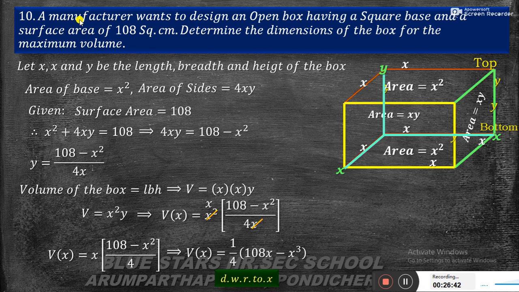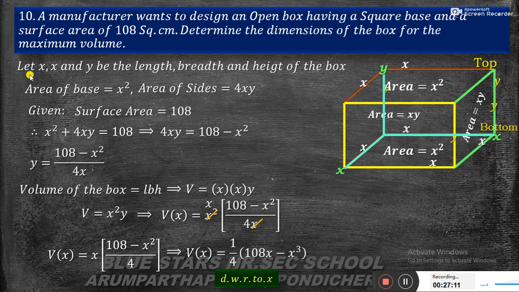You see, this is a box with a square base, and they give the surface area, that means 108 square centimeter. They ask about the dimension of the box. Dimension means length and breadth, for the maximum volume.